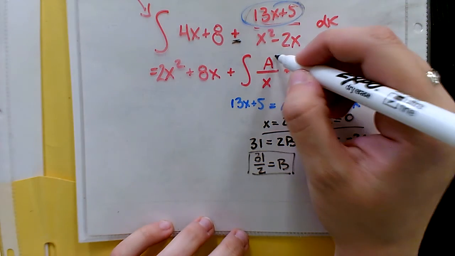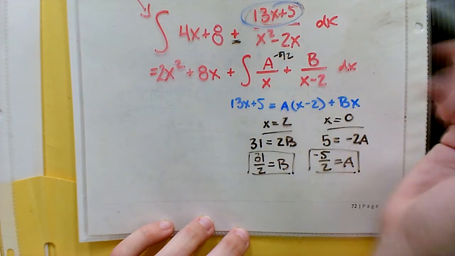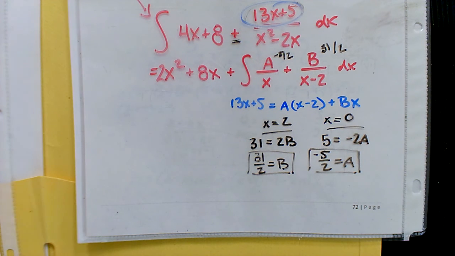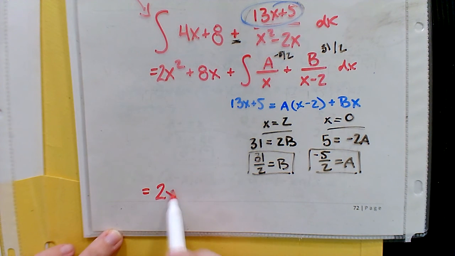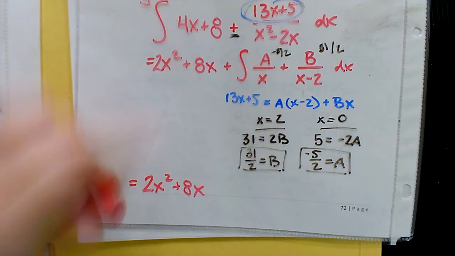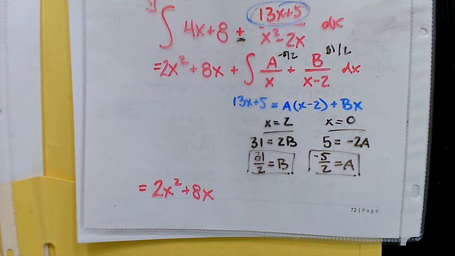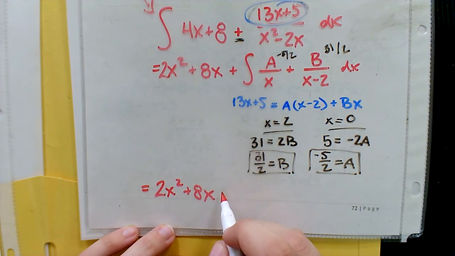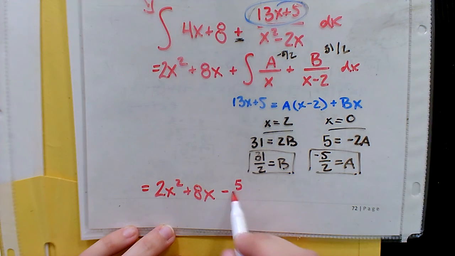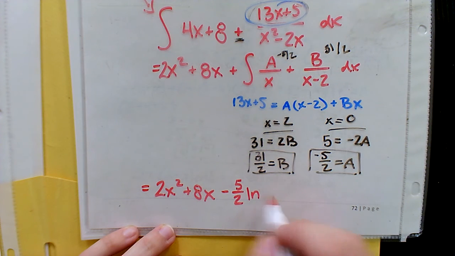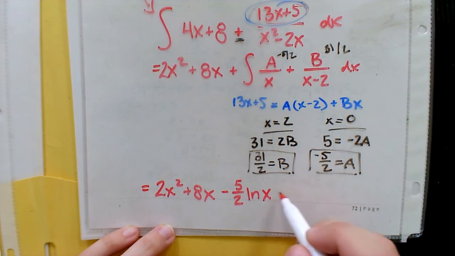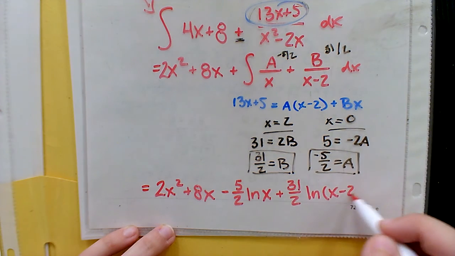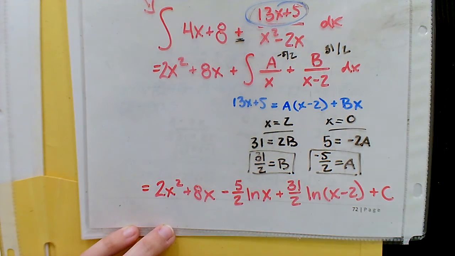If you put those in for your temporary numerators, maybe we can go ahead and write our antiderivative. We had the 2x squared plus the 8x from the quotient part. We were able to easily work backwards from there. And then the partial fraction pieces, looks like we'll have a minus 5 halves natural log of x, plus 31 halves natural log of x minus 2, plus C.